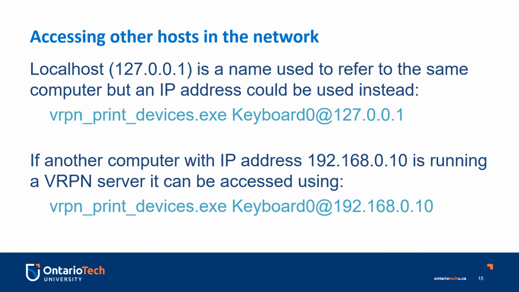In order to access other hosts in the network, one can replace the IP address or the host name. For this example, we will use 127.0.0.1 to refer to localhost. Localhost is the name used in the computer network environment to refer to the same computer.